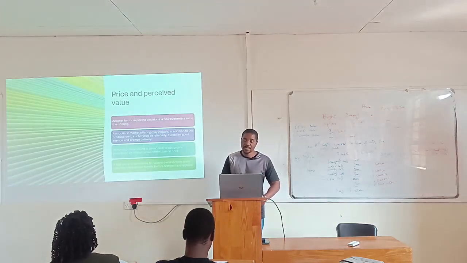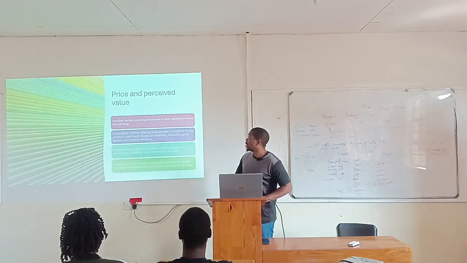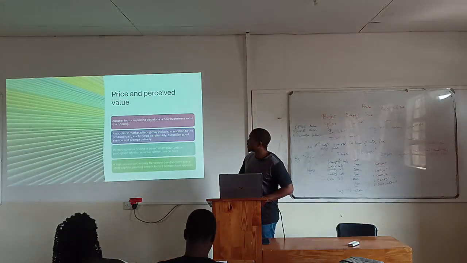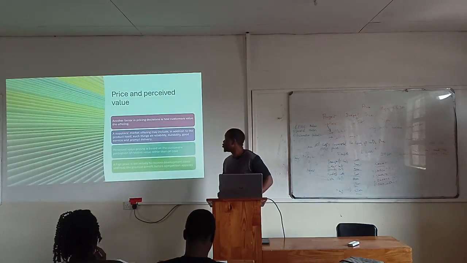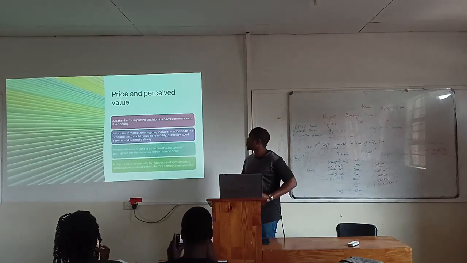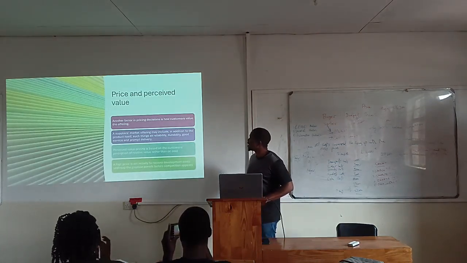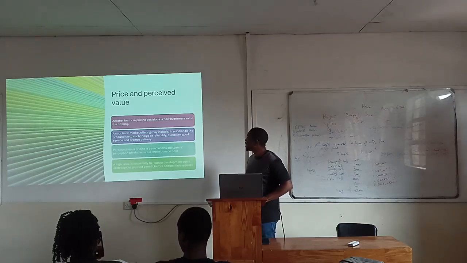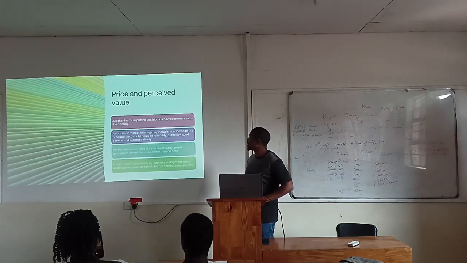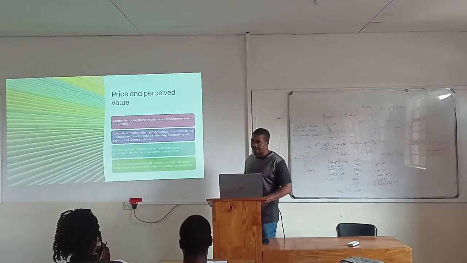We mentioned price and perceived value. And we said a supplier's market offering may include, in addition to the product itself, such things as reliability, durability, good service, and prompt delivery.